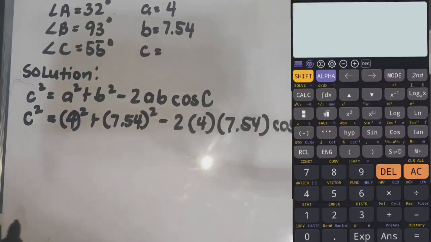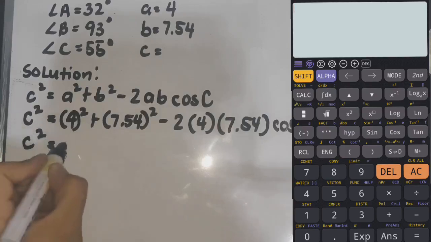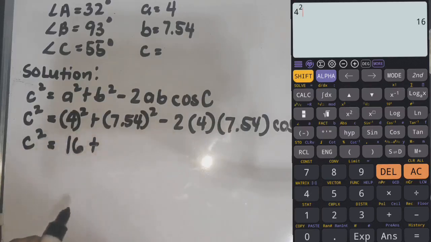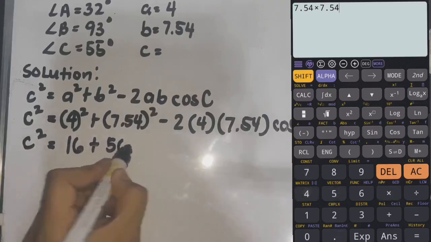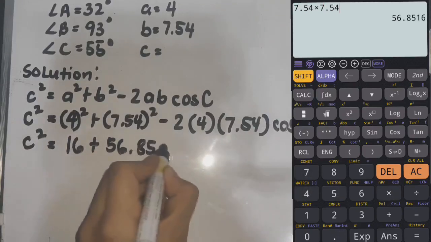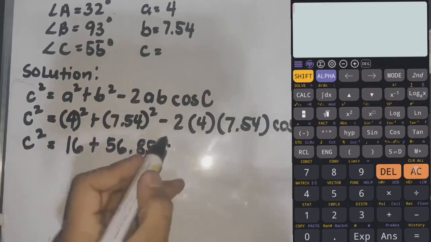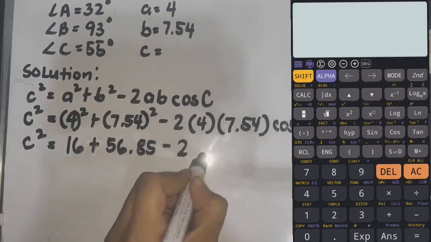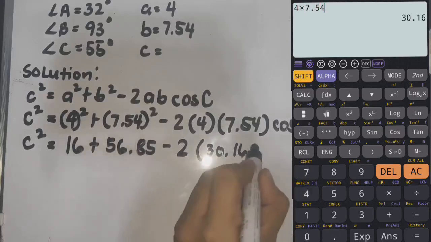Then simplify. So C squared is equal to 4 squared is 16 plus 7.54 squared is 56.85 minus, so i-multiply lang muna natin yung dalawang nasa loob. So bring down natin yung 2 times 4 times 7.54 is 30.16.